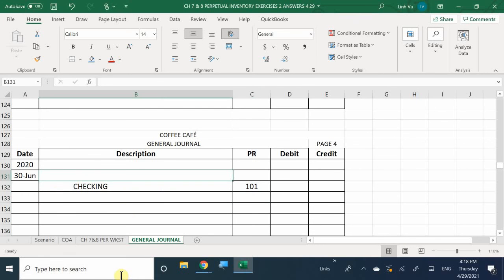Accounts receivable. Okay, so that's for your customers. We're making a payment to my vendor. Accounts payable. Accounts payable, right? And we're going to debit it because we're paying it off. We're decreasing what we owe because we're making a payment to it. So we no longer owe it. So in this case, I'm going to decrease it by debiting my account.